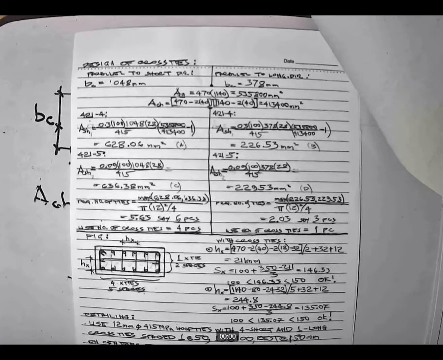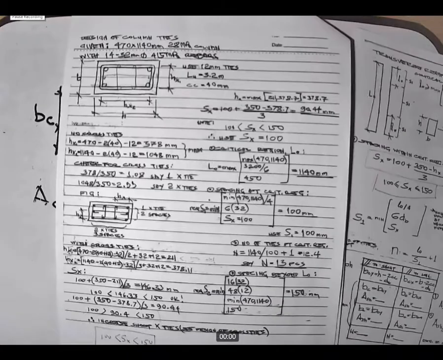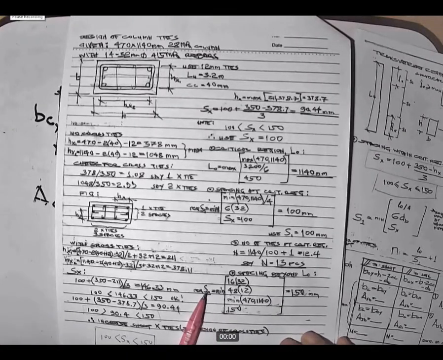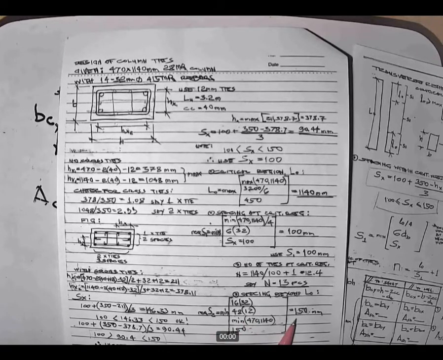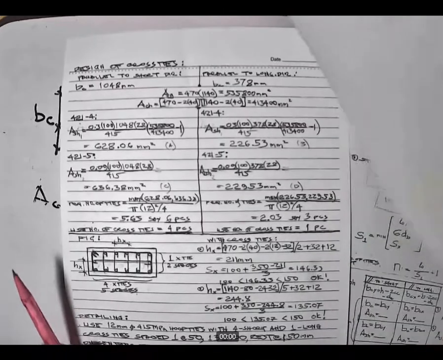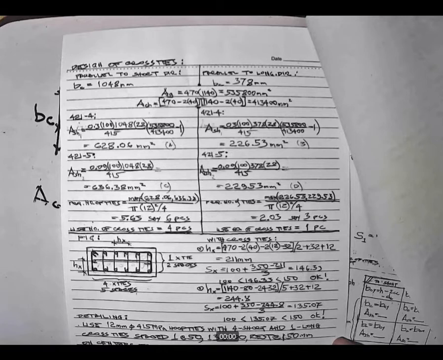Next, rest at 150. Saan natin kinuha yung 150 na yan? Yung 150, dito natin kinuha. Okay, sa previous page. This is required S2, spacing beyond critical region. Not this one, but we will use 150.